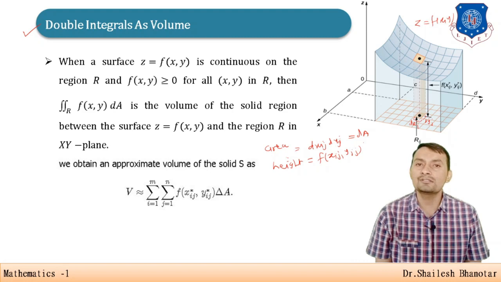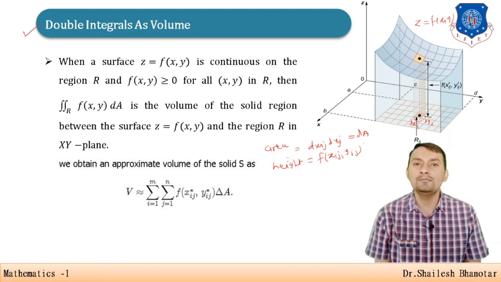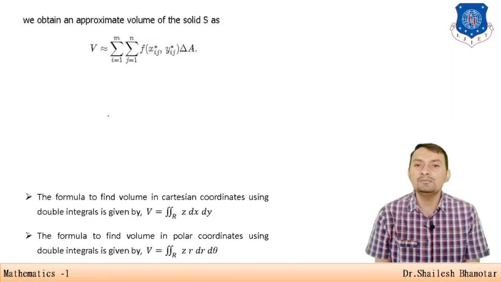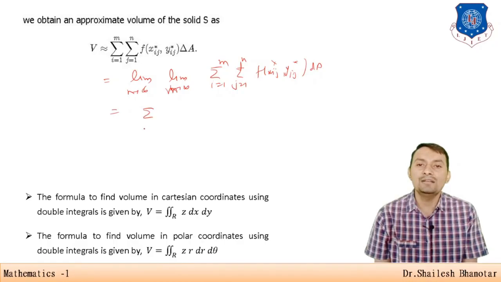We focus on the same concept. When we consider a small partition, we can find the volume of that partition, and when we add all these partitions, it will be the volume. But when I assume the limit m tends to infinity and the limit n tends to infinity, what am I going to get?